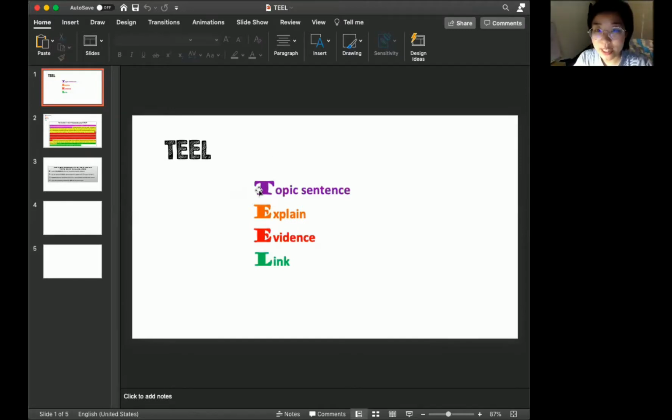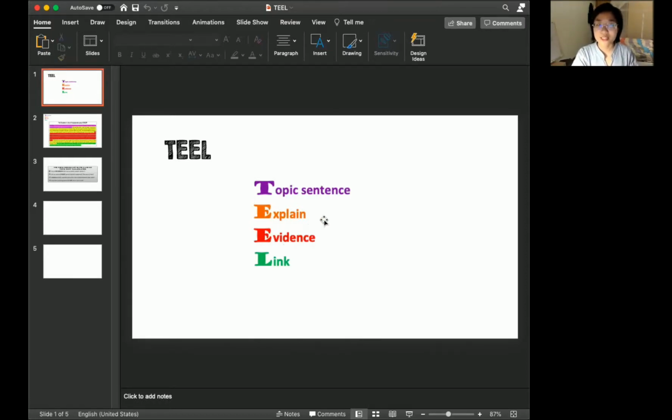So TEEL, T stands for topic sentence, and E is explain. Another E for evidence, L for link. So we all know what is topic sentence, right?